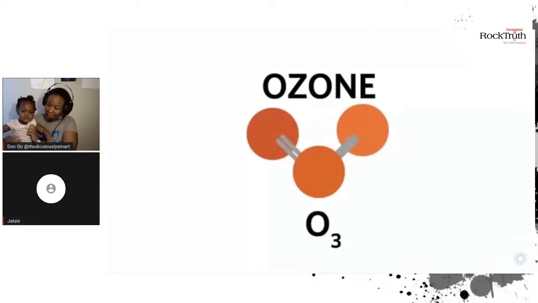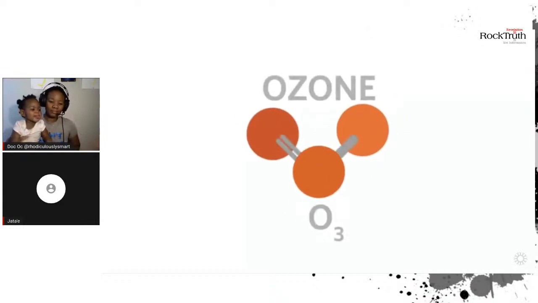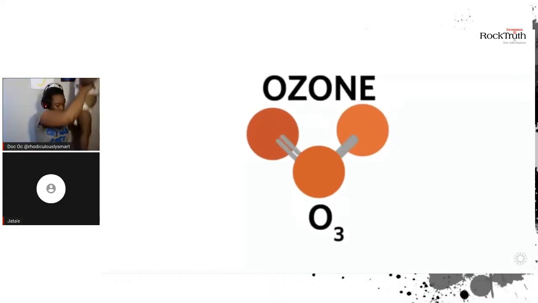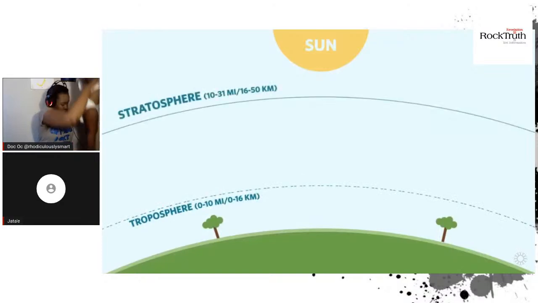Great questions. Ozone is important, and it can be good or bad depending on where it is. Ozone is a gas made up of 3 oxygen atoms bonded together that occurs in the Earth's atmosphere. In the troposphere, where we live and where airplanes fly, small amounts of ozone are produced naturally by plants and lightning.